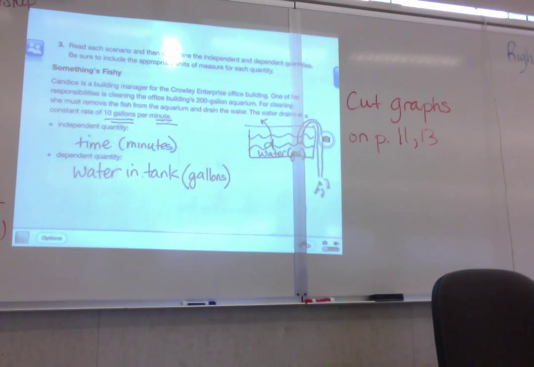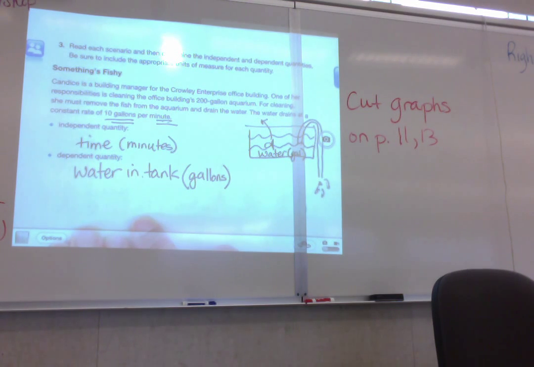Okay, so look at what we've identified for dependent and independent variables. Independent is time and dependent is water. So she's draining water out of the tank. If the dependent quantity is water, what will the level be at the beginning? High or low?